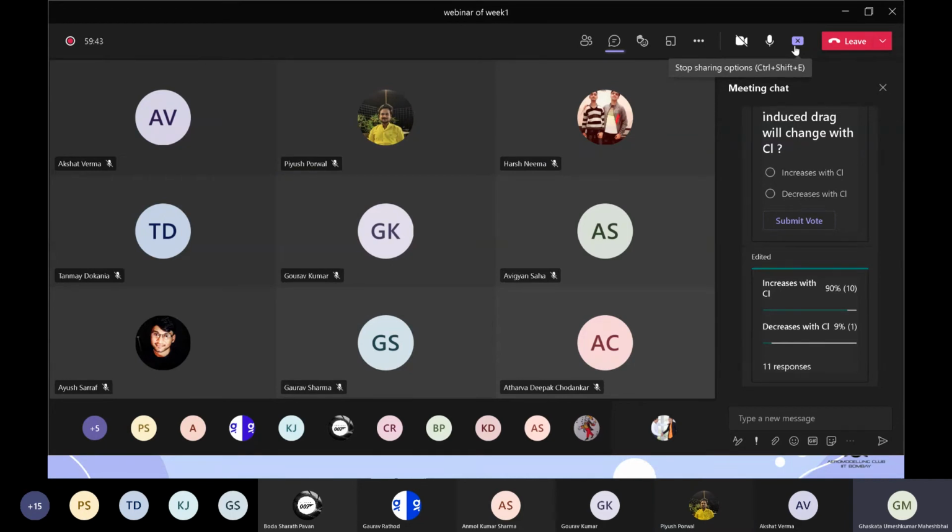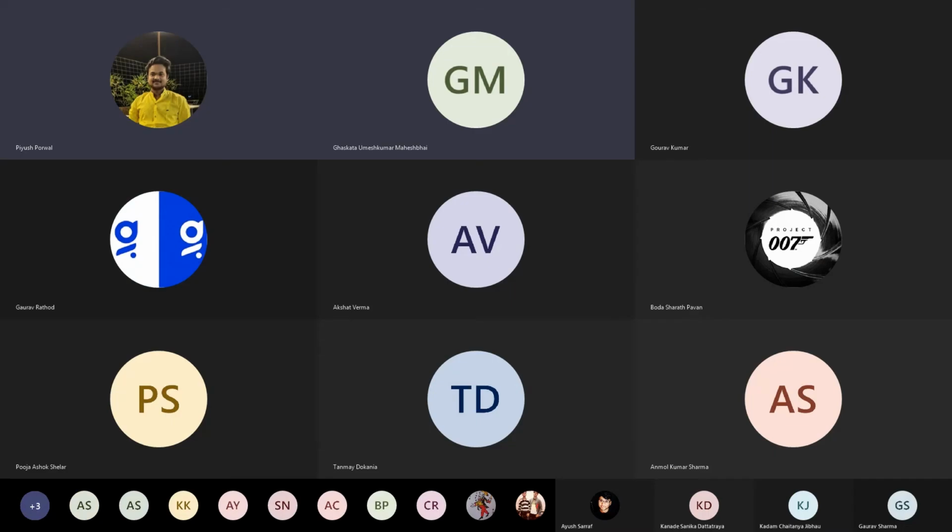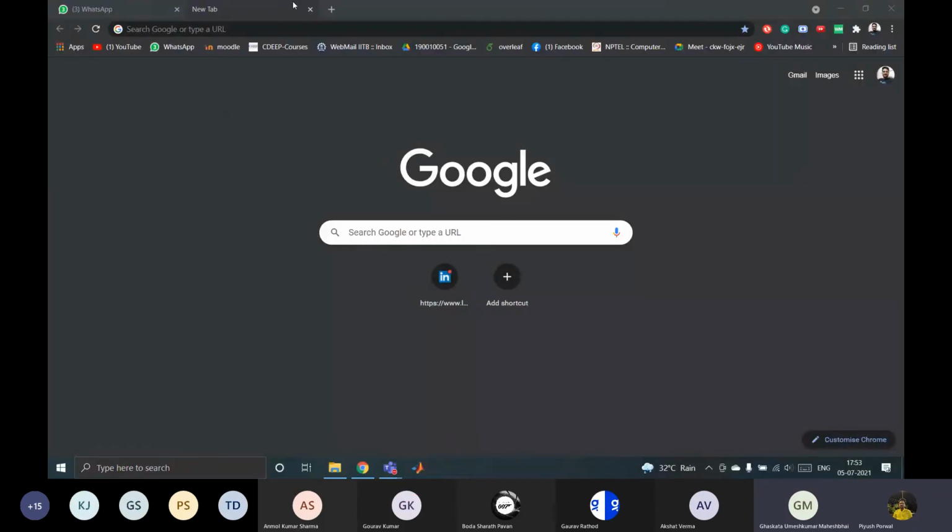Okay, now I will show you a very basic demo of XFLR5. Is my screen visible?